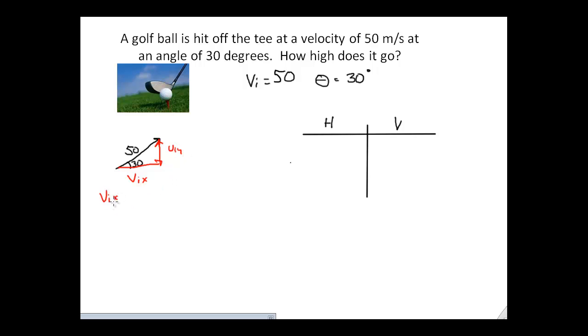So VIX will be 50 cosine of 30, which is 43.3 meters per second. And VIY will be 50 sine of 30, which is 25 meters per second.